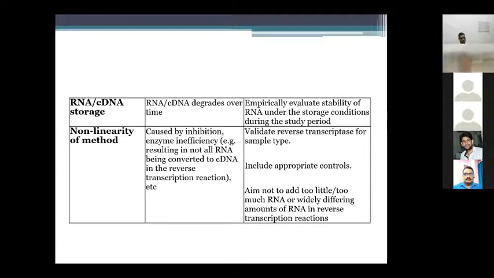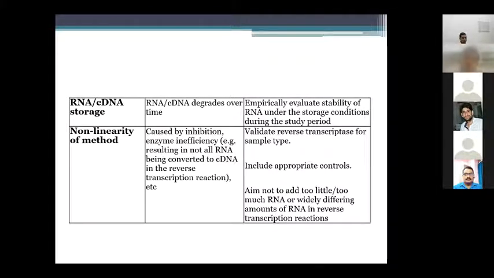Normally we keep it at -20, but if you want long-term preservation of the RNA and the cDNA, you keep it at -80 and make aliquots. Because each time you go for a gene expression study, repeated freezing and thawing ultimately decreases the concentration of the cDNA or RNA, or it degrades over time.